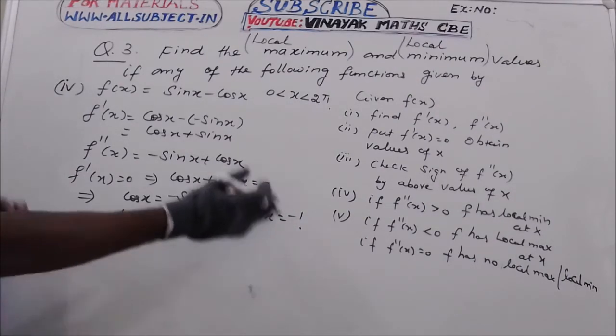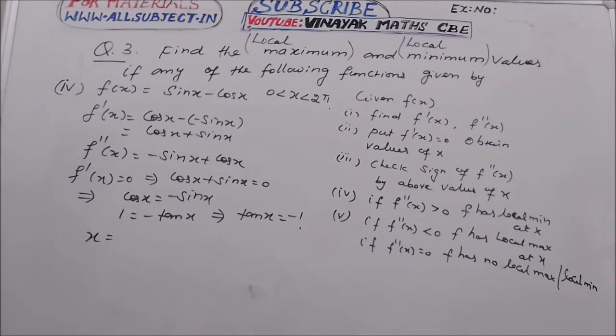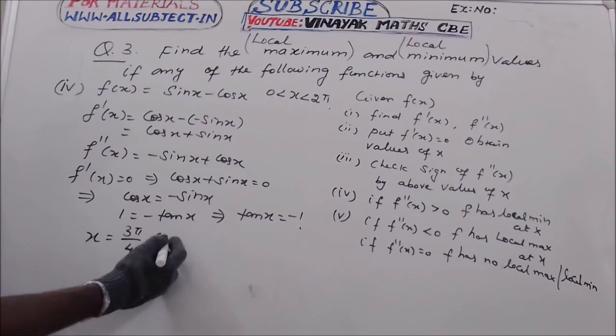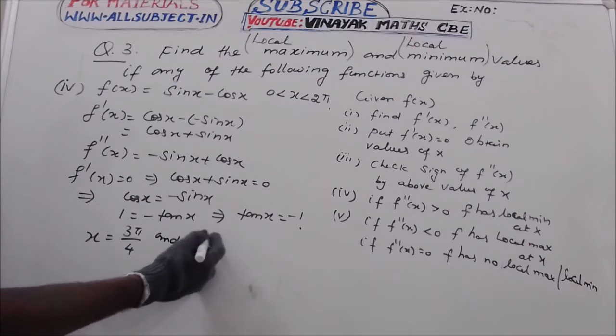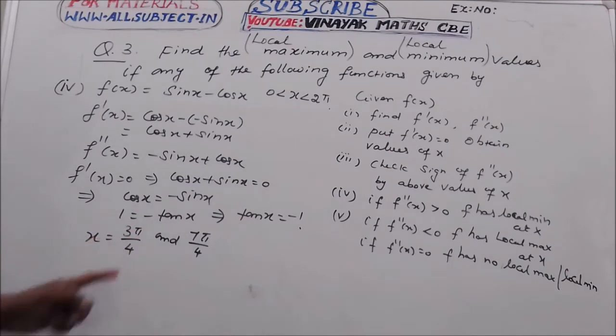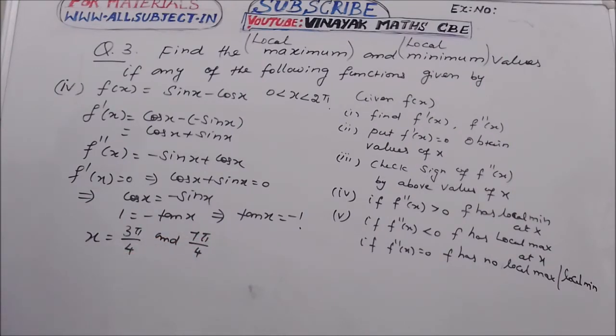When tan x is equal to minus 1, in the interval of 0 to 2 pi, x is equal to 3 pi by 4 and 7 pi by 4. 3 pi by 4 means 3 times 45, that is 135 degrees, and 7 times pi by 4.